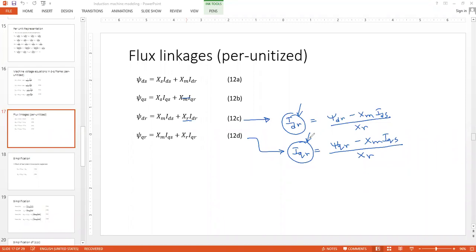Instead of those currents, we will get the D component and the Q component of psi in the rotor circuit, and the stator currents, D component and Q component. So instead of these two, we will use these. Where we will use this, we can clearly see in 12a, we can replace idr by this one.